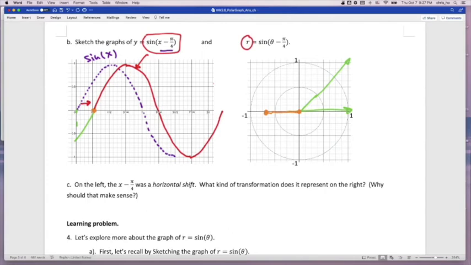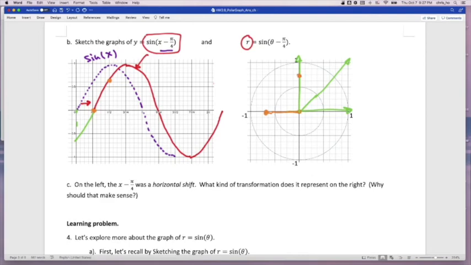What about at 90 degrees, at pi over 2? My green vector is now at pi over 2, and my r value is here. It's roughly 0.7, somewhere around here.